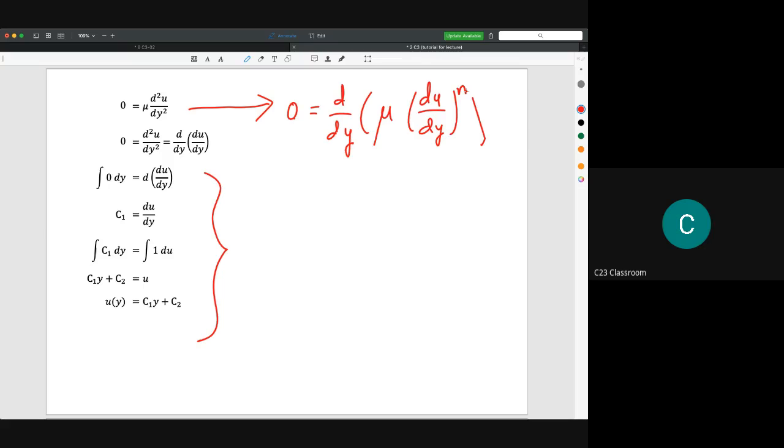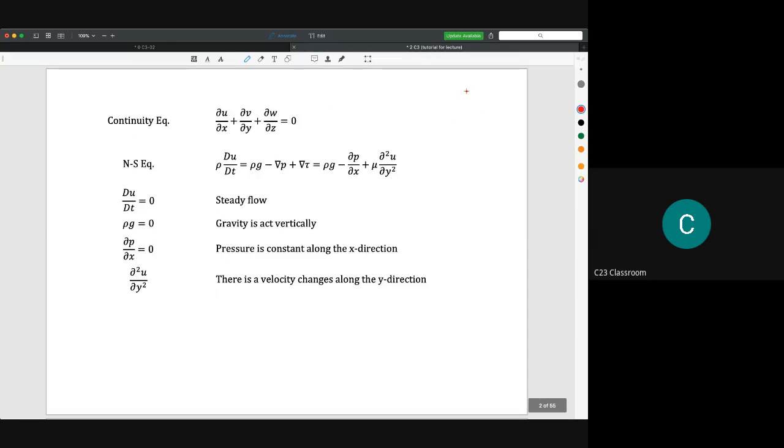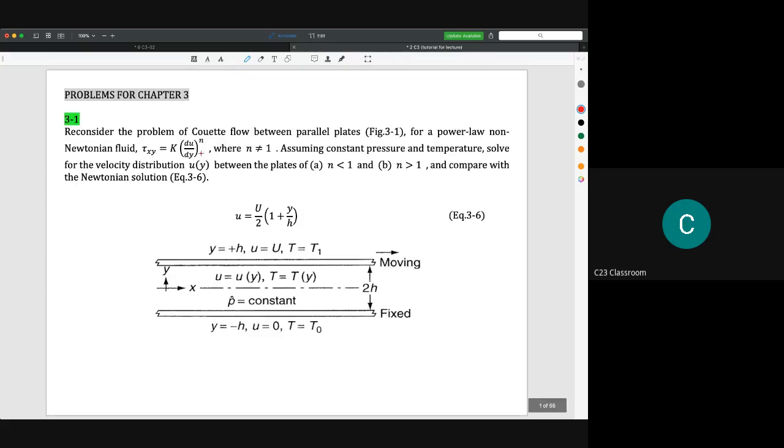That means the change of shear stress here does not affect the development of the velocity distribution for this Couette flow. However, if you read more about this, you will find that it is only valid if the length here is not so long.